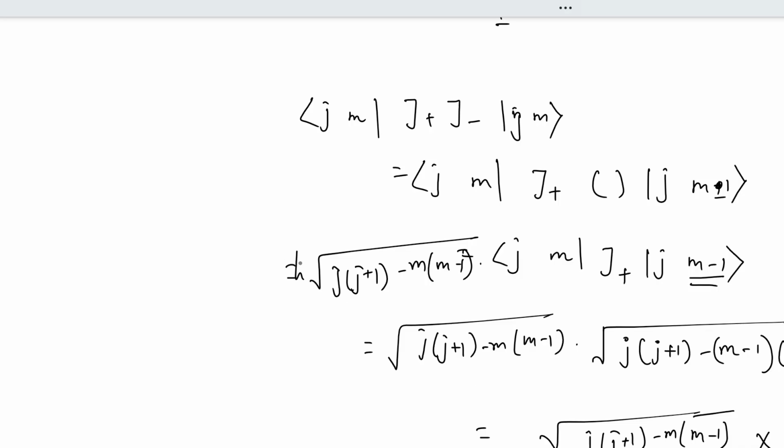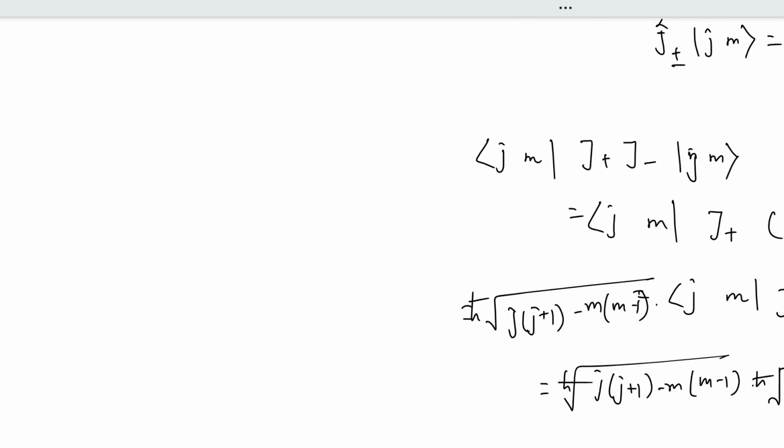So there is also h cut. So another h cut and h cut. So this is h cut squared. So this is j into j plus 1 minus m into m minus 1. There is a square root has been squared. So this is h cut squared. And this is equal to 1 because that is orthonormal. So they are also normalized.